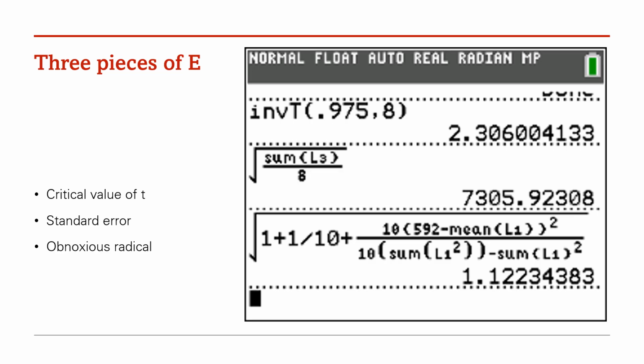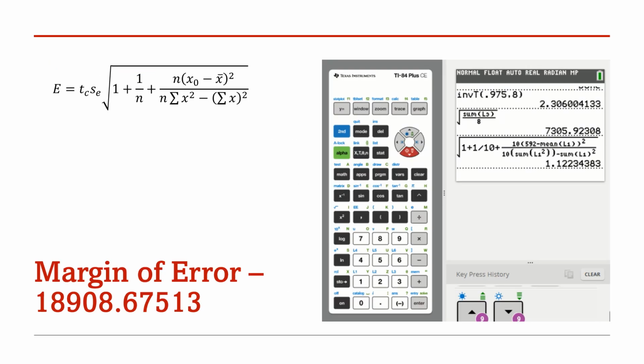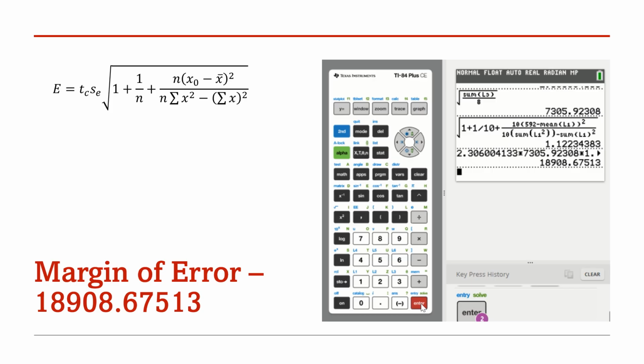But I don't care if you just type in the number. So I'm going to go grab this critical t value times, grab this number right here, my standard error, times, grab this number right here, hit enter, and I get this stuff. This is my margin of error.